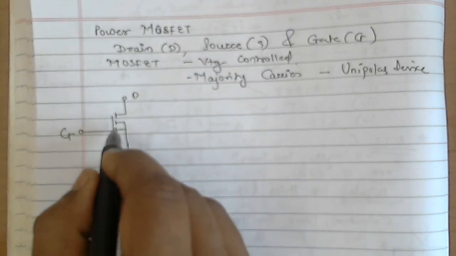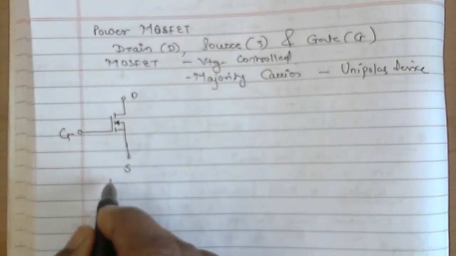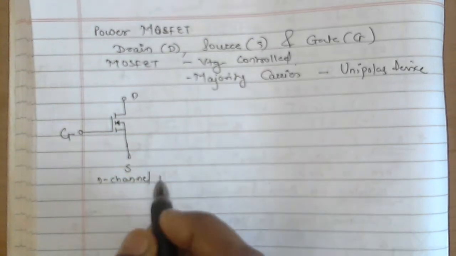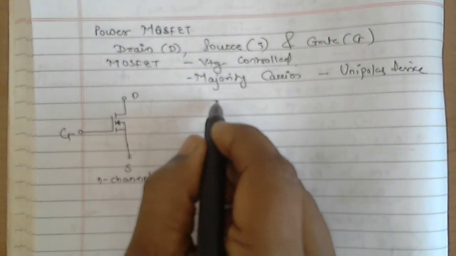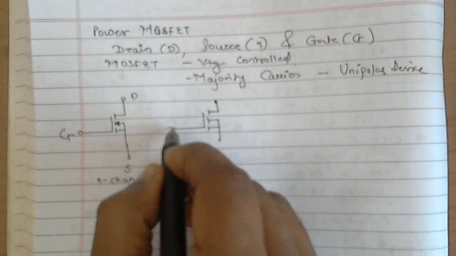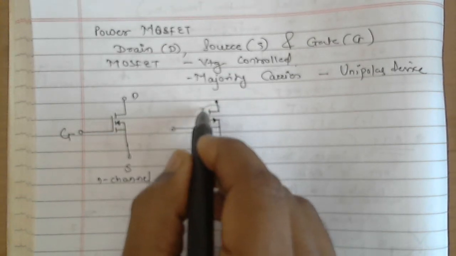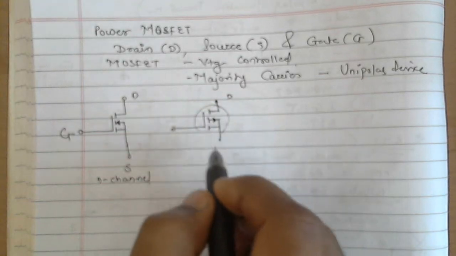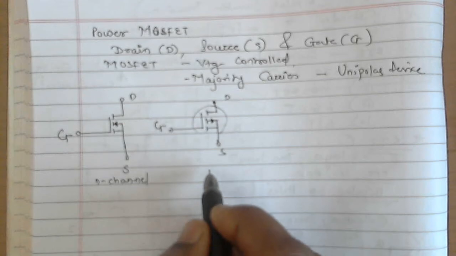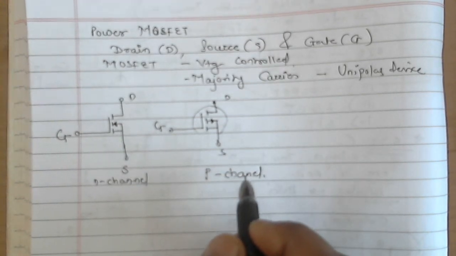If you keep the arrow like this, then this is an N channel MOSFET. And if the arrow is in the outward direction, sometimes with a circle shown like this, with drain, source, and gate, then this is a P channel MOSFET.